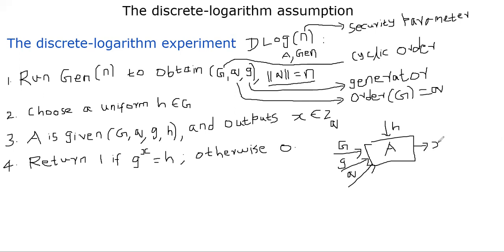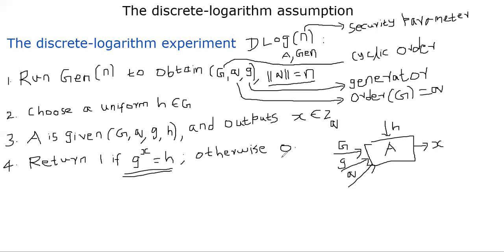He may or may not be able to come up with an x. The x he gives should satisfy this property. If he is able to come up with such an x, then we know we are in deep trouble from a cryptographic perspective. You will see later when I talk about Diffie-Hellman why we don't want this to happen. If an attacker is able to come up with an x, the discrete logarithm experiment will return 1, otherwise it returns 0. This is how we defined the discrete logarithm experiment more precisely, formally.